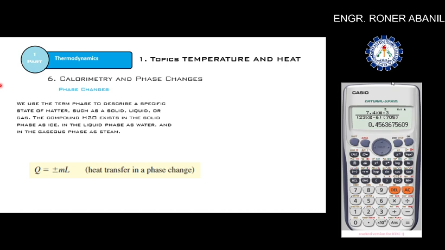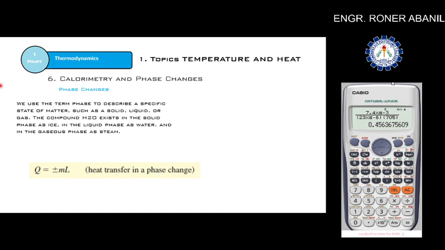So, a familiar example of phase change is yung pagtutunaw ng yelo or melting of ice. When we add heat to ice at 0 degrees Celsius and a normal atmospheric pressure, the temperature of the ice does not increase. Okay? Instead, some of it melts to form liquid water.